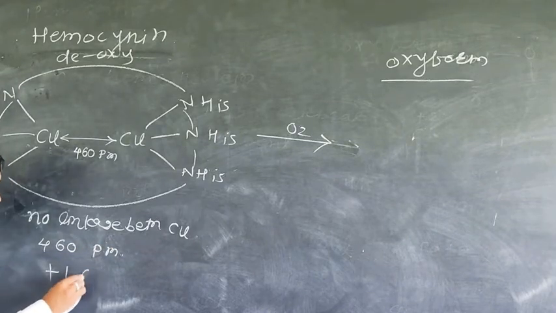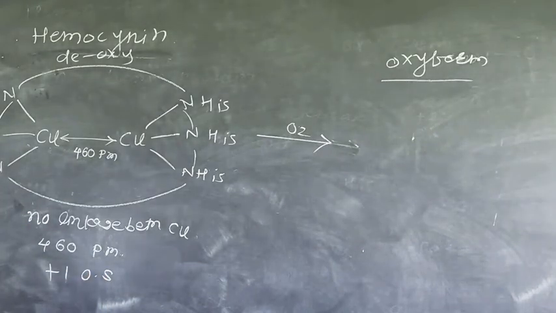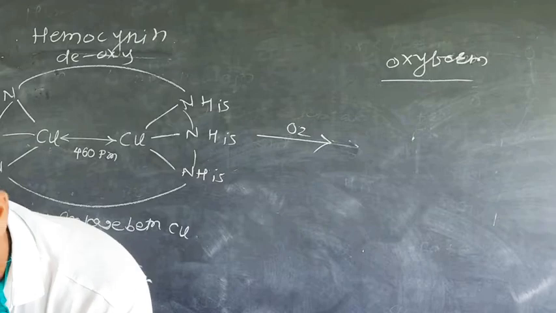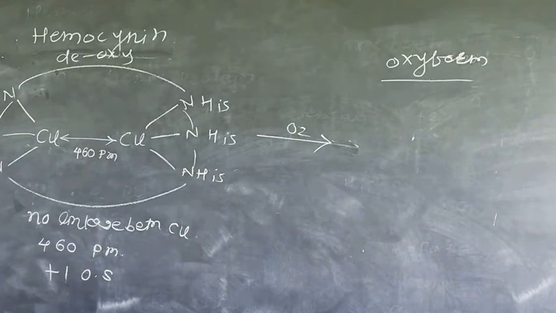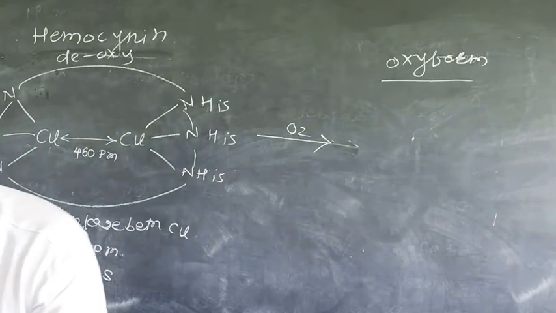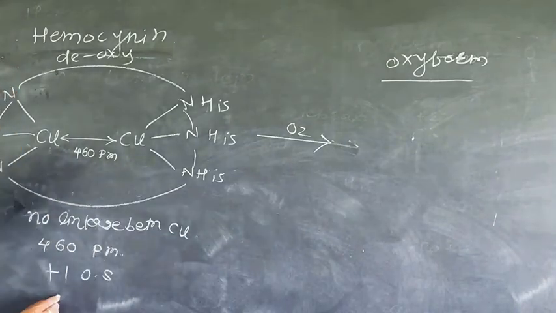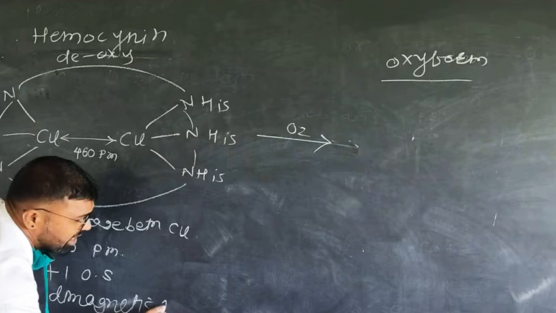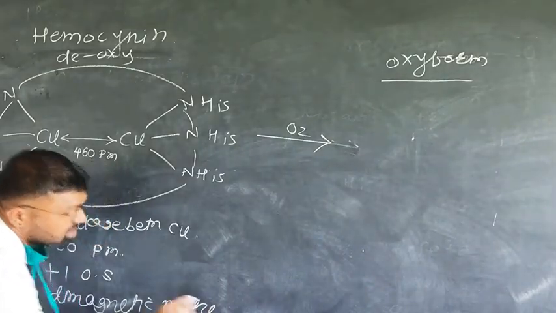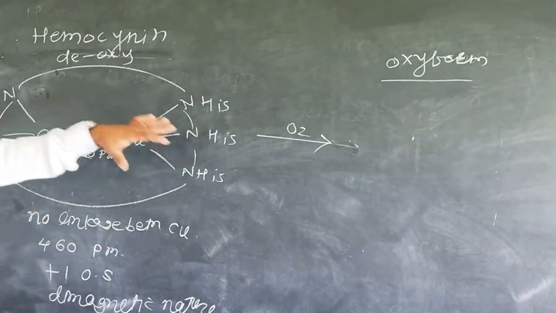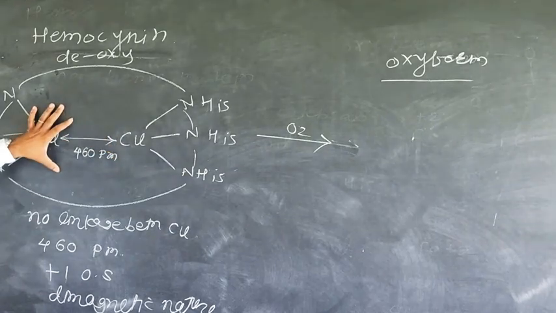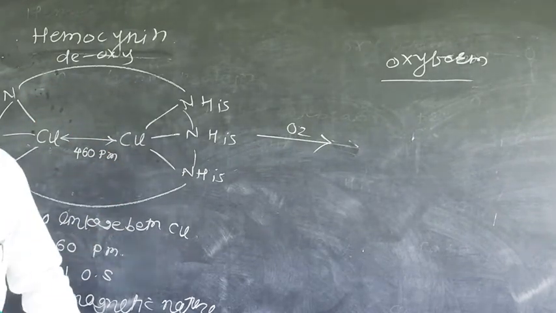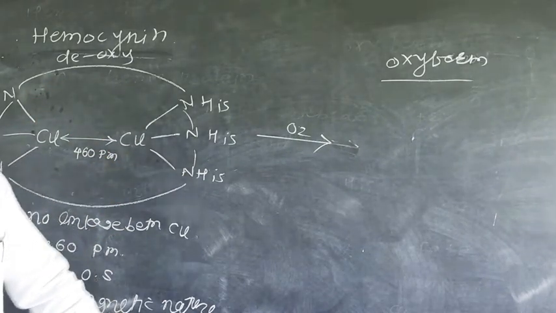Both coppers are in the +1 oxidation state, right, and it is diamagnetic in nature. When this gains oxygen, what changes take place in the structure?